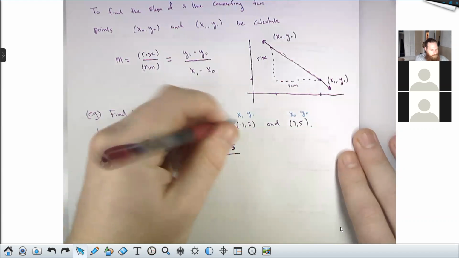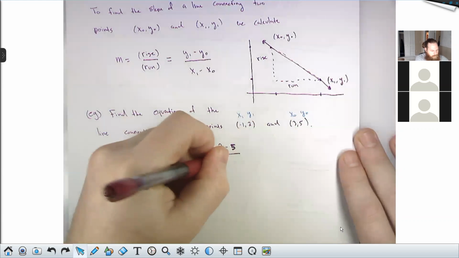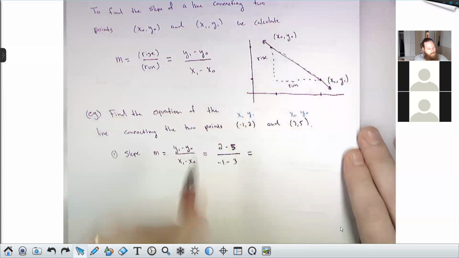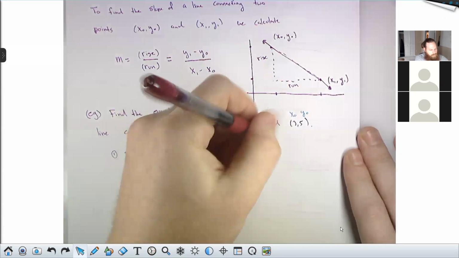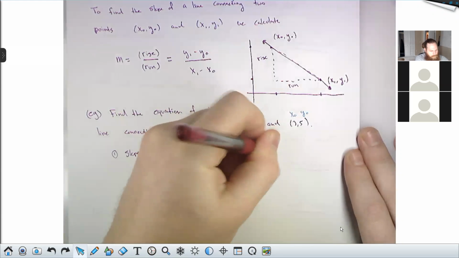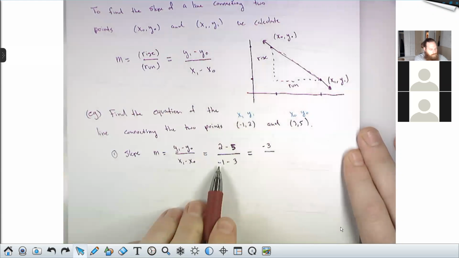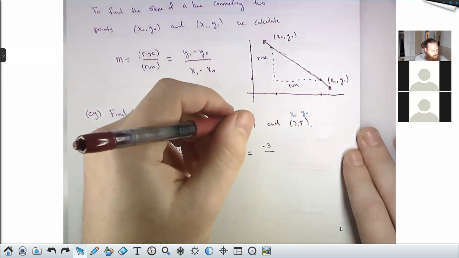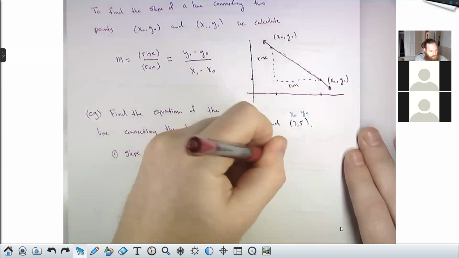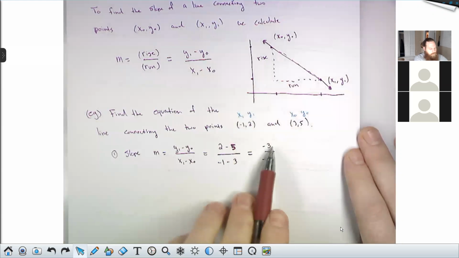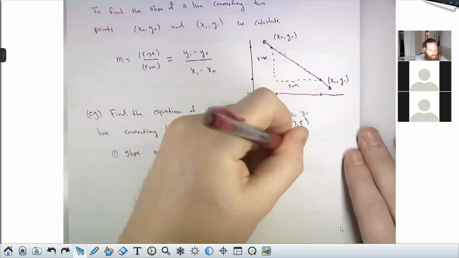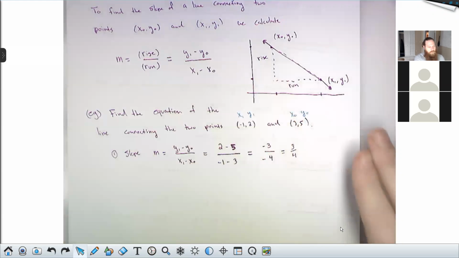And x1 minus x0 is -1 minus 3. So 2 minus 5, that's -3. And downstairs, -1 minus 3 is -4. So I end up with -3 over -4, which is the same as positive 3/4, right? A negative over a negative, that's a positive number.